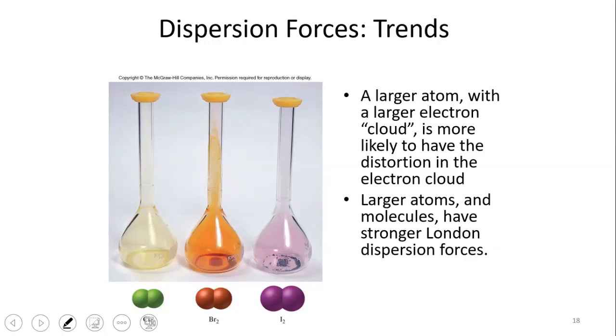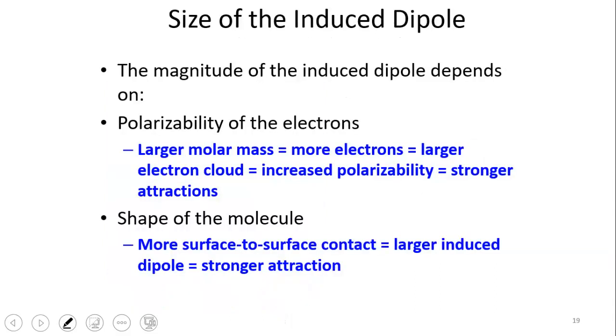And therefore, the more likely that you'll have these temporary dipoles that generate London dispersion forces. So the lesson to take home is that larger atoms and molecules will have stronger London dispersion forces. Remember, to get London dispersion forces, there has to be a distortion of the electron clouds around the molecules and the ability to induce temporary dipoles in your neighboring molecules.